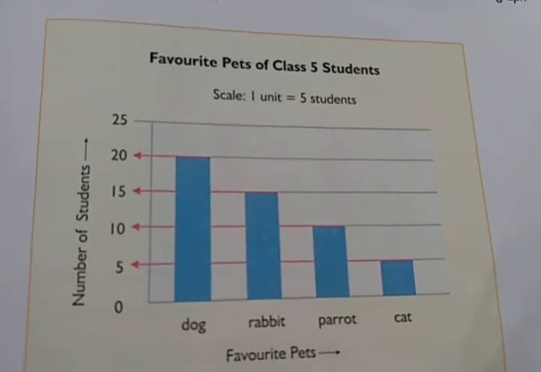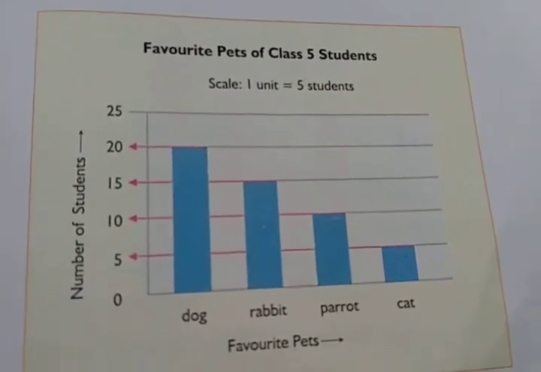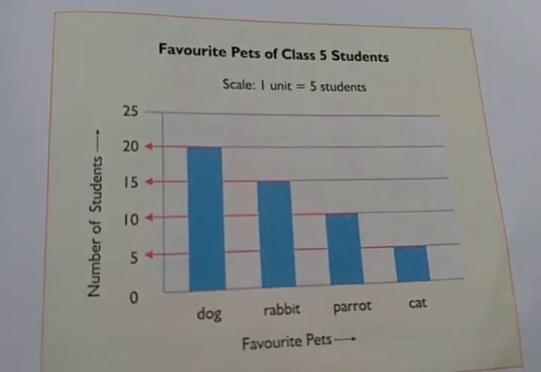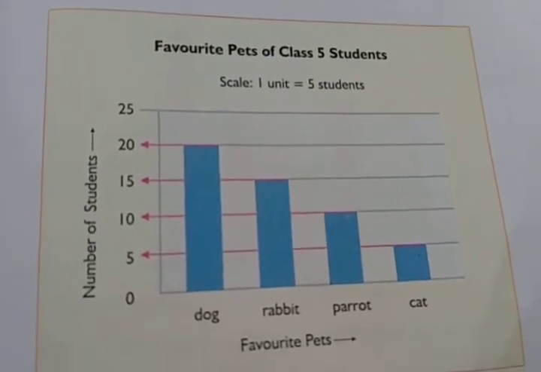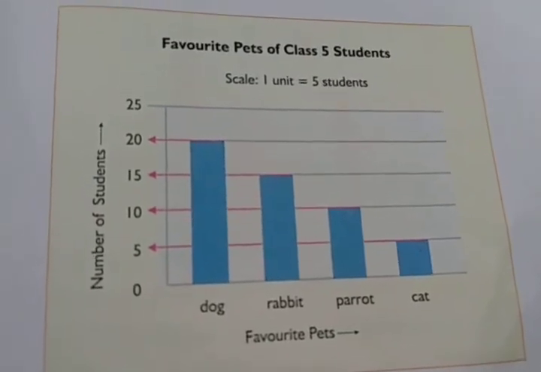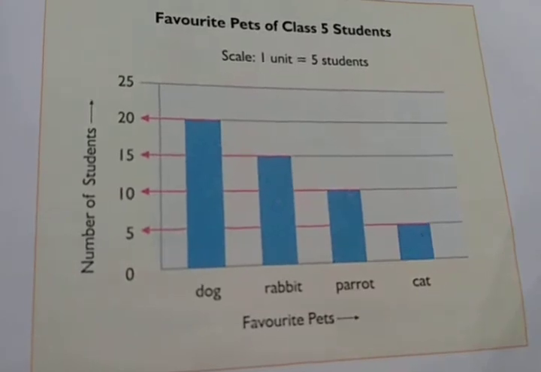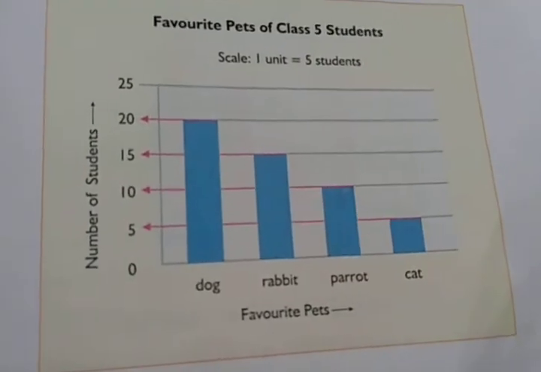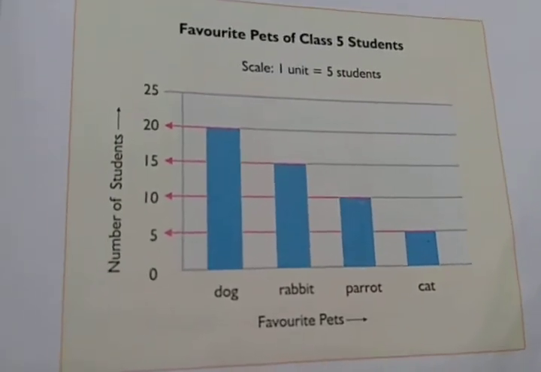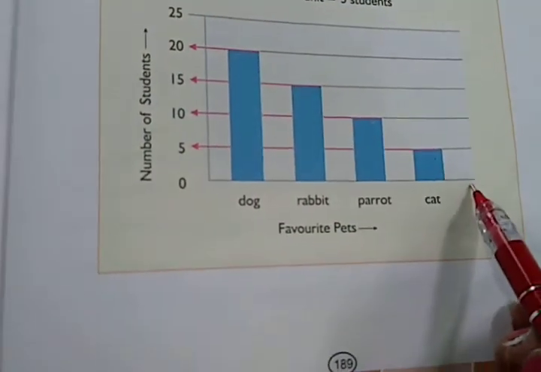So in this bar graph, this is information about the favorite pets of class 5 students. On the horizontal axis, this is called the horizontal axis.